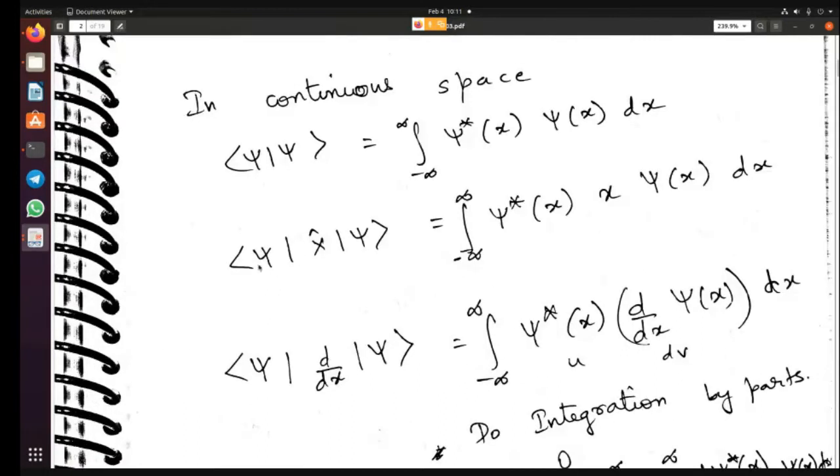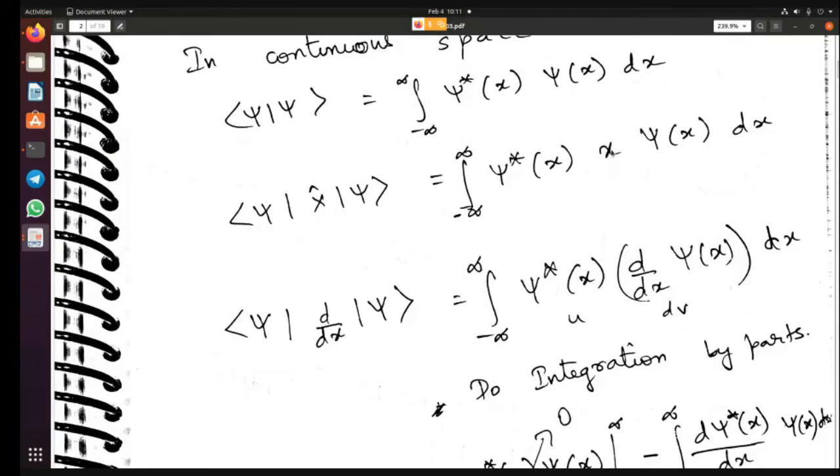Then this is the expectation value. Always remember, expectation value is written in this form, where x is some operator. In this case, I've just taken it to be the x operator. The x operator in continuous space is just small x, the continuous variable.